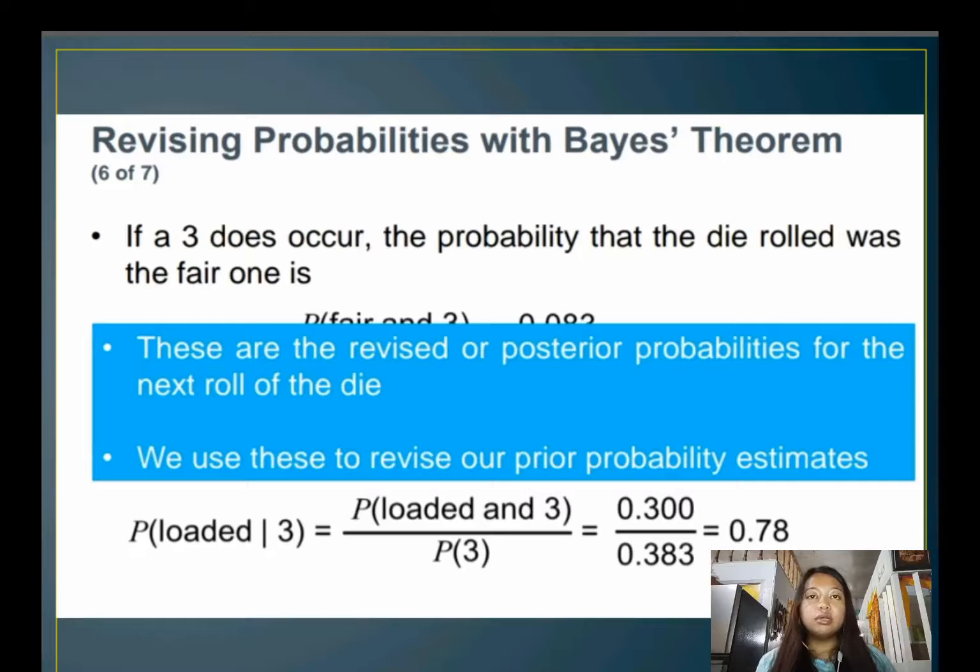So if a 3 does occur, the probability that the die rolled was the fair one is: the probability of being fair given that it is number 3 is equal to the probability of being fair and 3 divided by the probability of being 3, and it is equal to 0.083 divided by 0.383, and this will result in 0.22 or 22%, that the 3 will occur when the die rolled is the fair one.